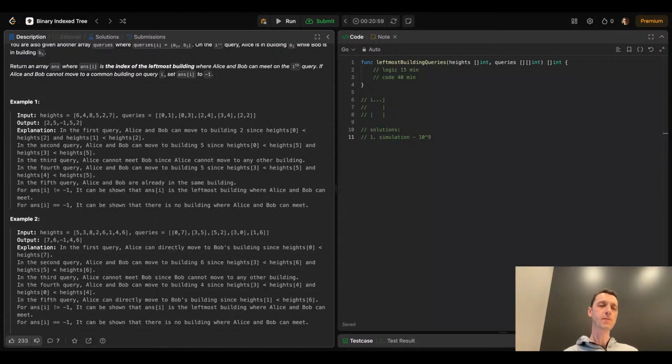But knowing there is a number to the right that's bigger, here is an idea.